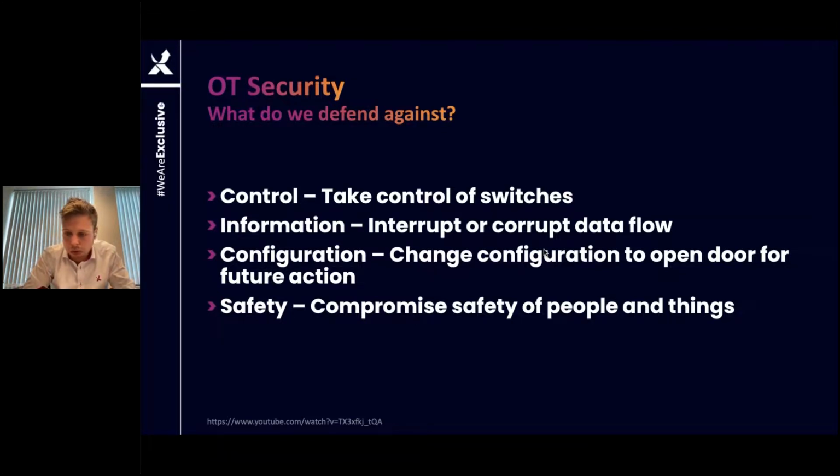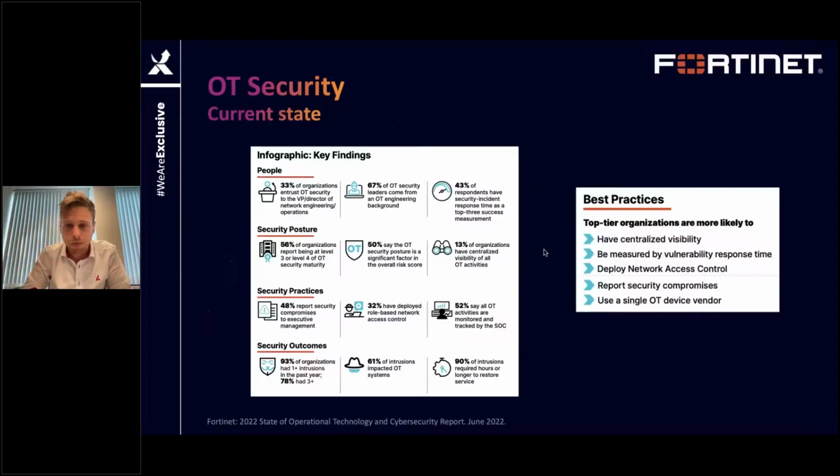If you have, for example, a virus or malware that can alter the data, change the input read on a sensor before it reaches the other side, then you have a big problem. Configuration changes also happen. So some malware is focused on creating a backdoor to do something else on the system. This is often done with vulnerabilities. And in the end, you're going to compromise the safety of people and things because, again, OT is operating in the real world.